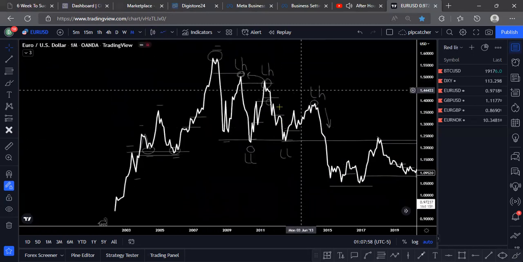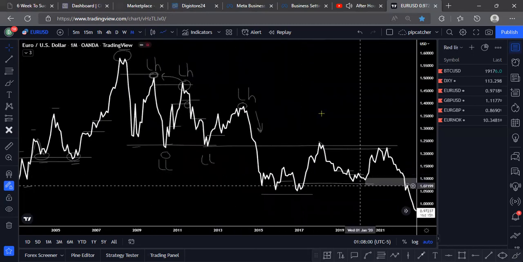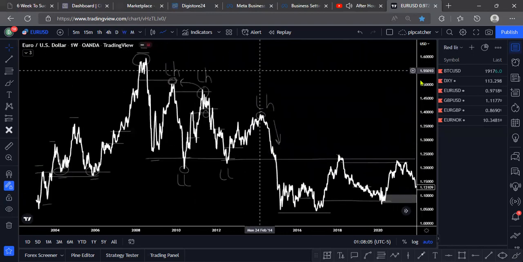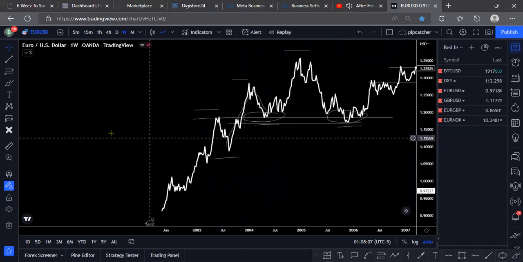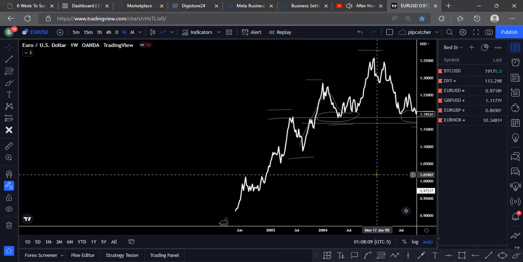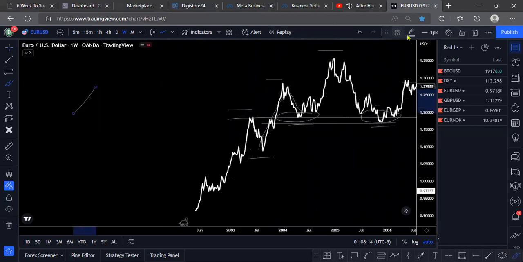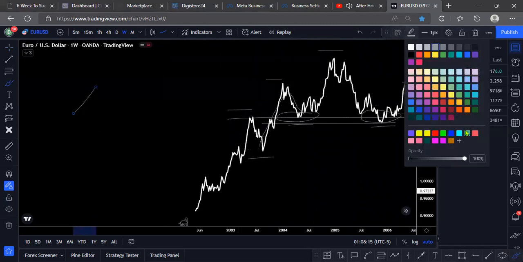Beautiful setup. All right. So now let's go down to the weekly time frame and let's study the areas that we had seen on the monthly. All right. So let me pick a different color here for the weekly.